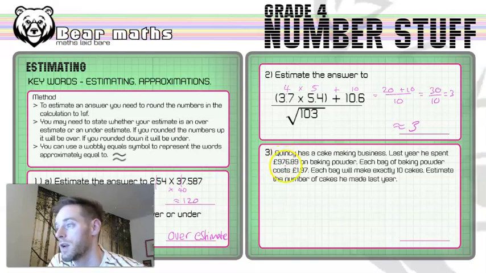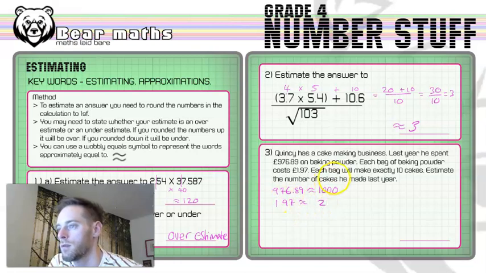The 7 rounds that 9 up to a 10, so that number is 1,000. 976.89 is approximately equal to 1,000. £1,000. And 1.97 is approximately equal to, if we round that to one significant figure, 2.